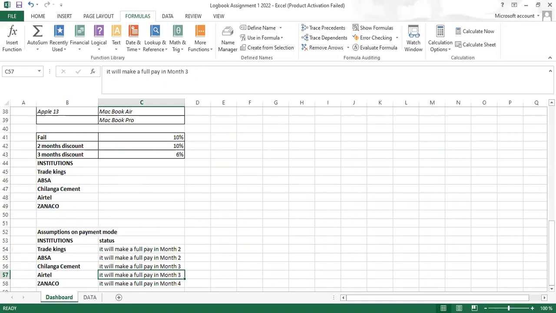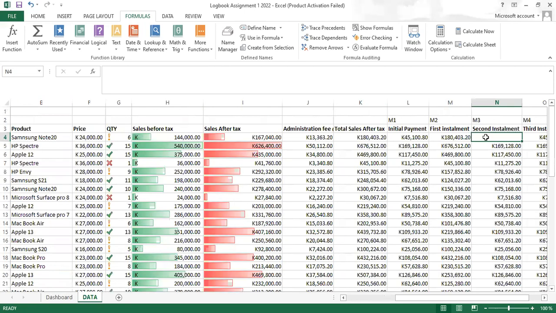So we are looking at Chilanga Cement, Airtel, and Zanaco. Yes, that's true, that's what we are looking at. In your case, it's MTN and Trade Kings. We can start.